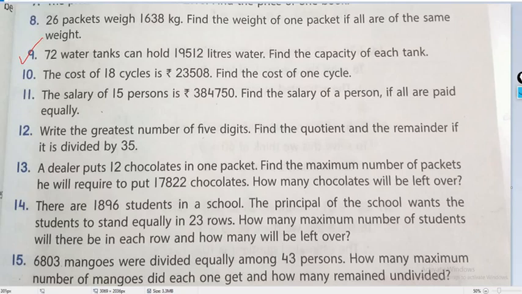So students, question number 9, read with me so that you can understand. They are talking about 72 water tanks can hold 19,512 liters of water. Find the capacity of each tank. That means in clear words they are asking about the capacity of each tank.